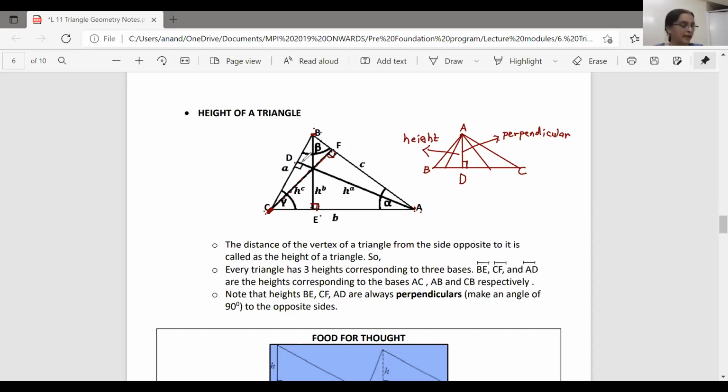And those 3 heights are the heights corresponding to the respective bases. Always remember all these terms. So we will have 3 heights corresponding to 3 bases. If I'm talking of base AC, height will be BE. If I'm talking of base AB, height will be CF. And if I'm talking of base BC, height will be AD. Always remember that. But I will have 3 heights with respect to 3 bases.